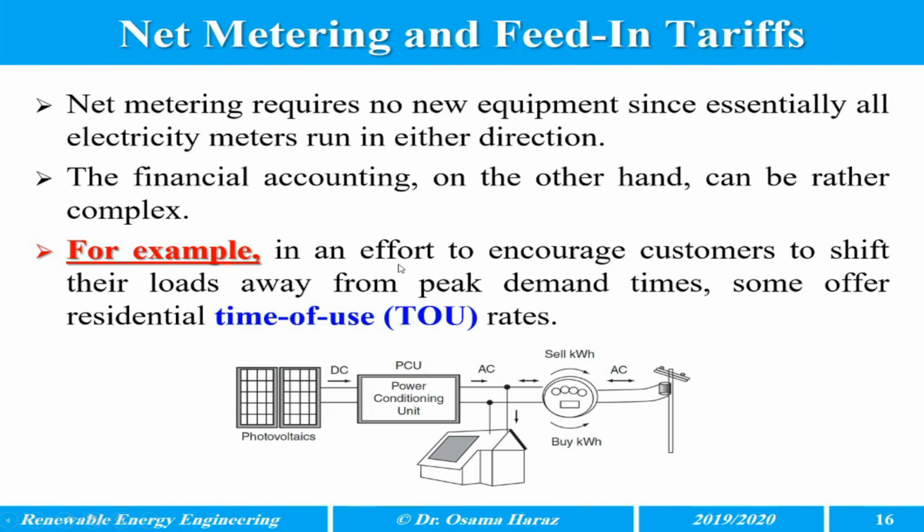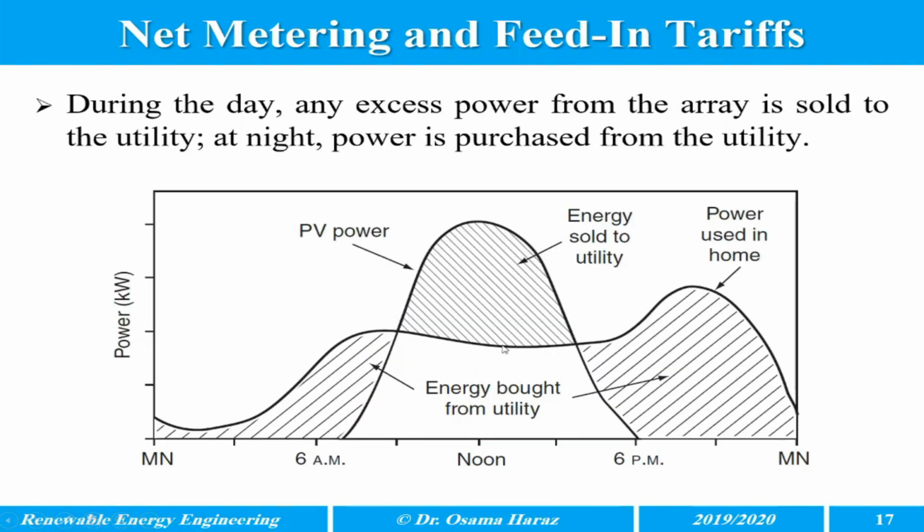In an effort to encourage customers to shift their loads away from big demand times, some utilities offer residential time of use rates, TOU rates. We'll see the benefit of using TOU rates in the next slide.